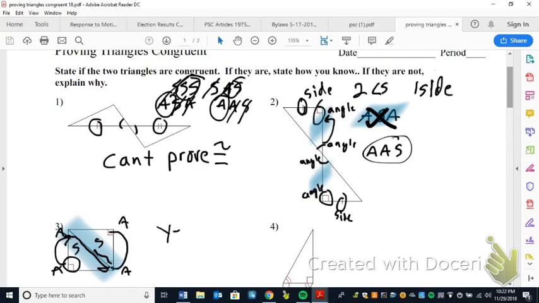So again, on number 3, yes, we can prove congruency by angle, angle, side. I put ASS, and that's not what I meant, because it's angle, angle, side, not angle, side, side. That's what you get for doing your homework at 11:30 at night.